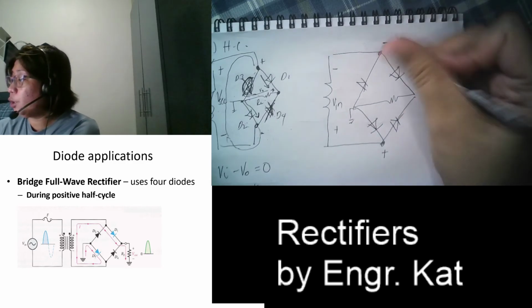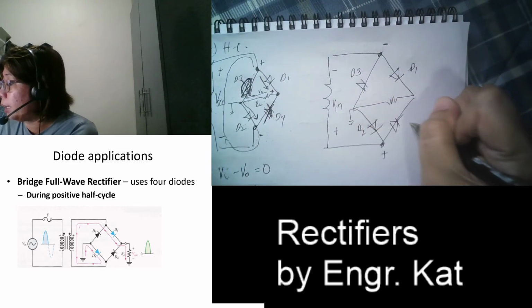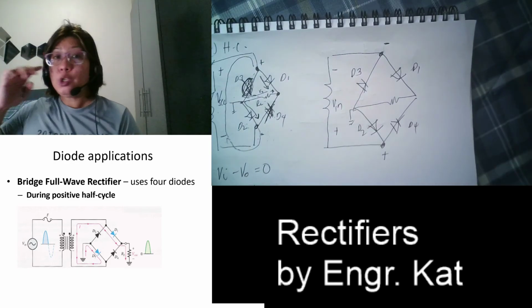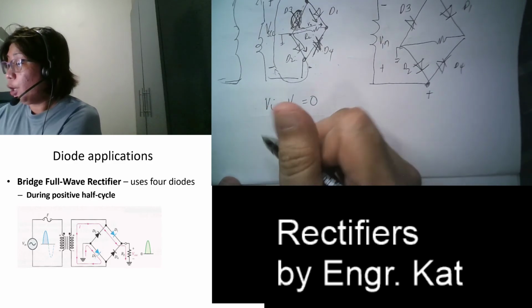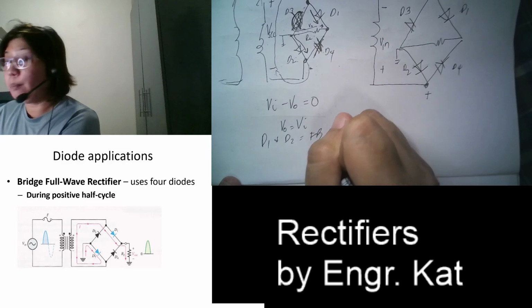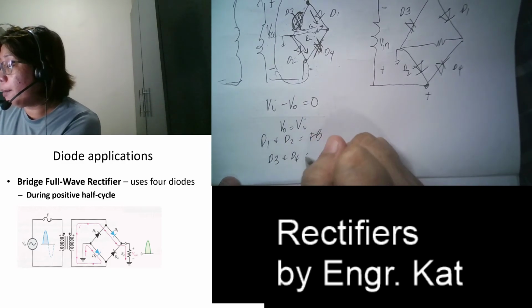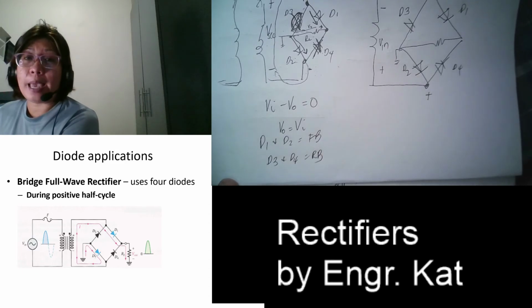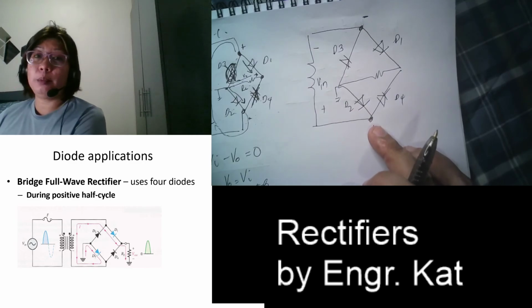This is your D1, this is your D3, this is your D2, and this is your D4. In this condition, your D1 and your D2 are both forward biased, while your D3 and your D4 are both reverse biased. Let us analyze what will happen in this condition.